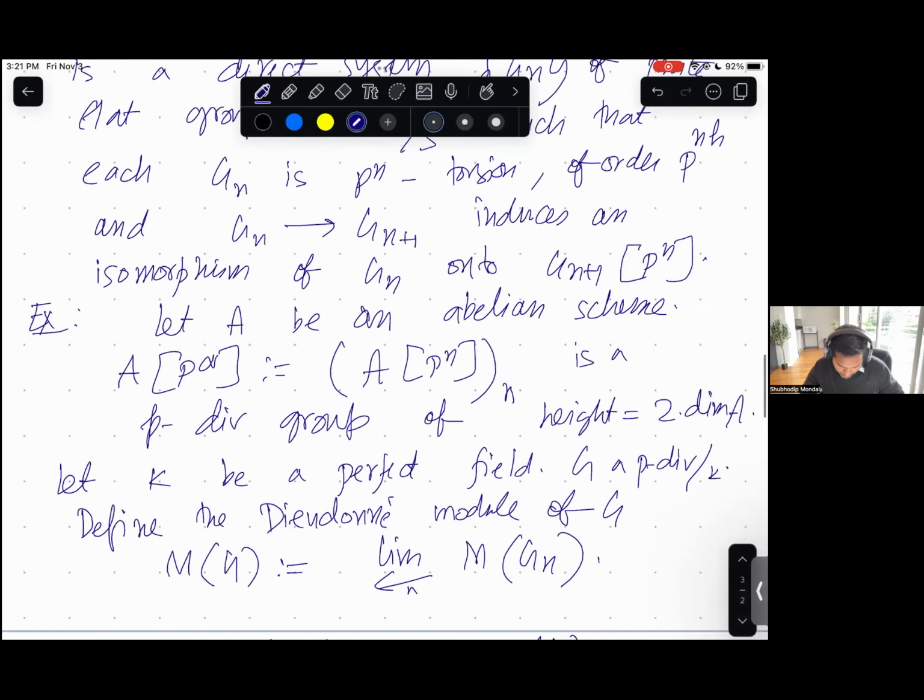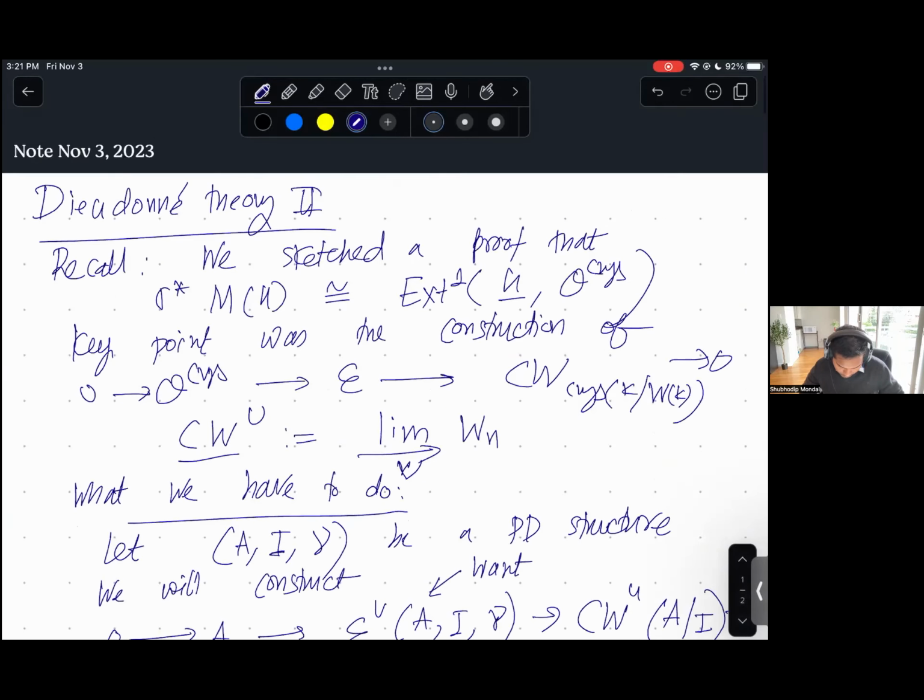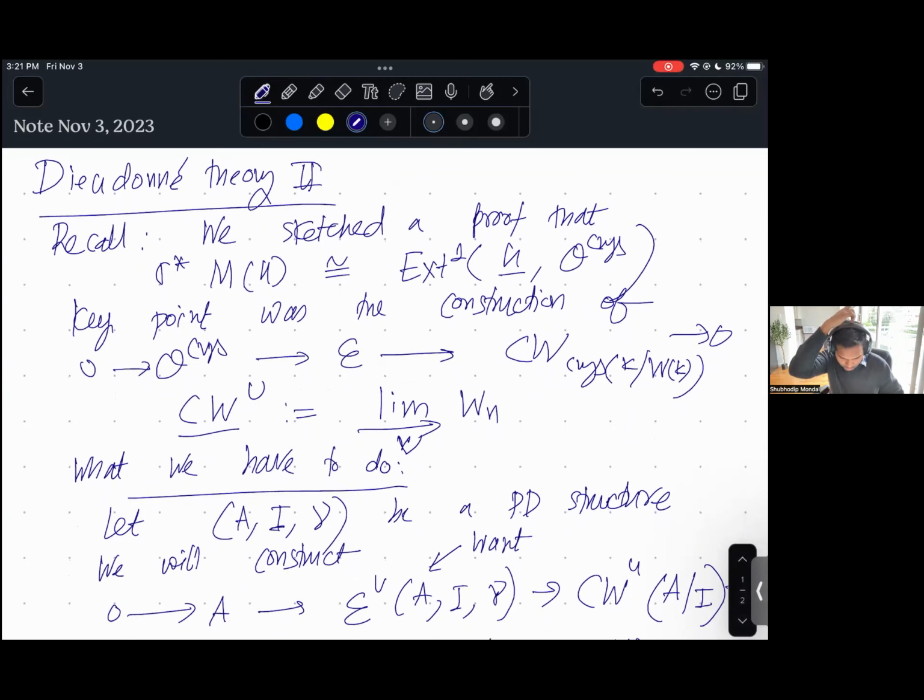And so going back, we started today by saying that last time we discussed that there's a way to use a certain Ext group inside the crystalline site, which also recovers the Dieudonne module.